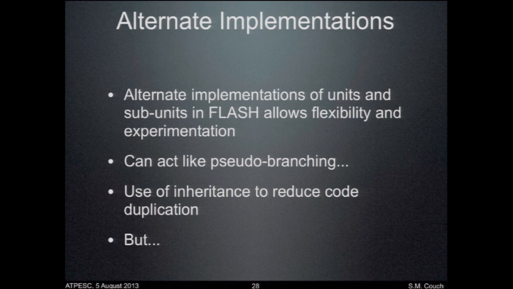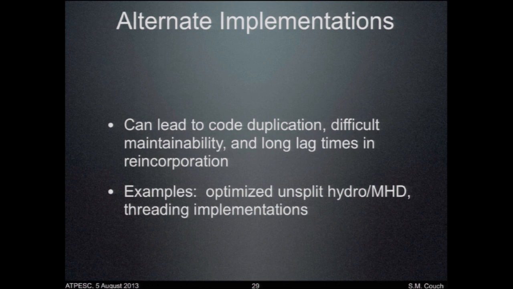I think it's very good. It has tremendous power, but you have to be diligent because it can lead to some code duplication if you're not careful, which makes things more difficult to maintain, and ultimately long lag times in reincorporating code back into the main working branch.